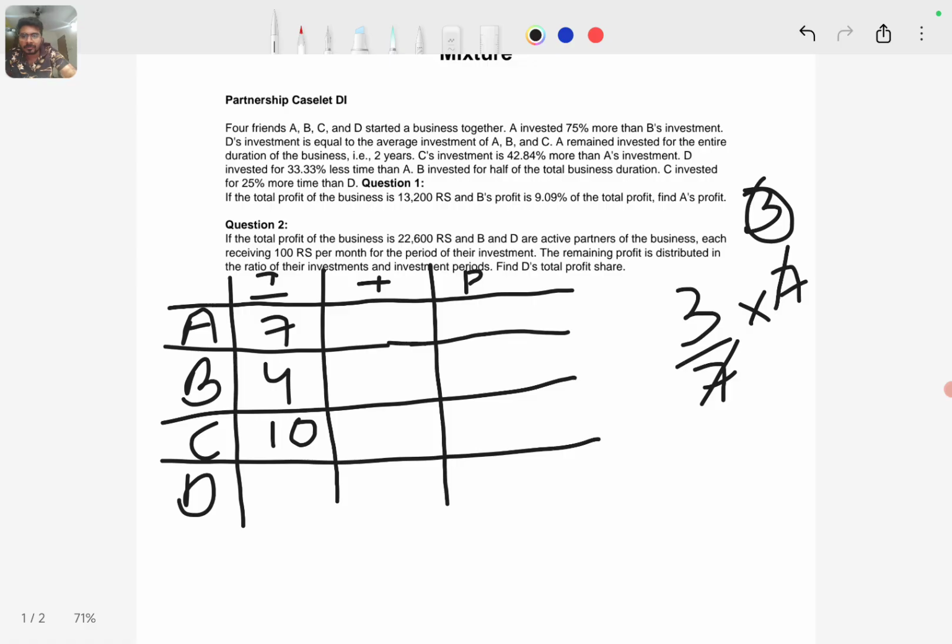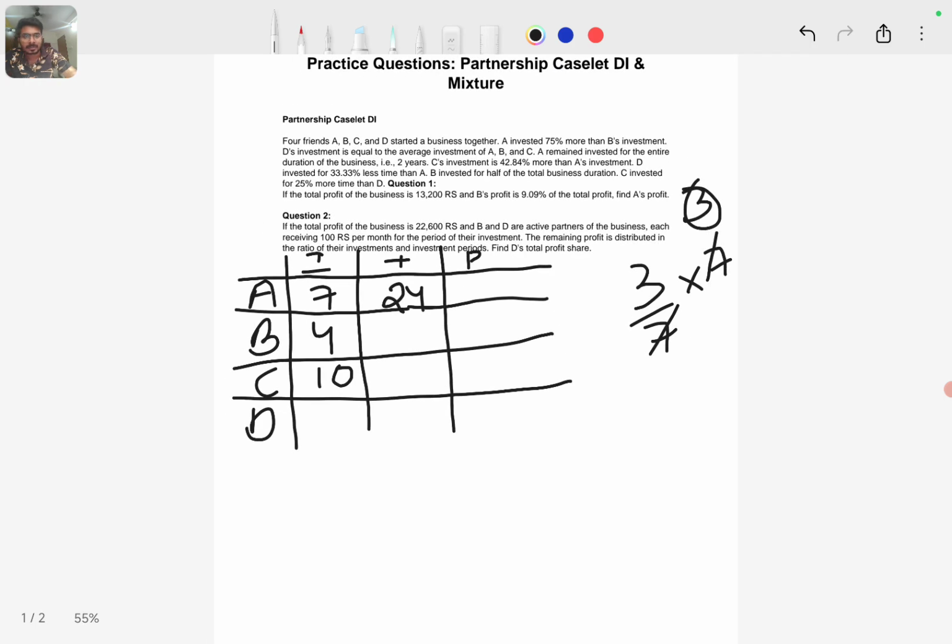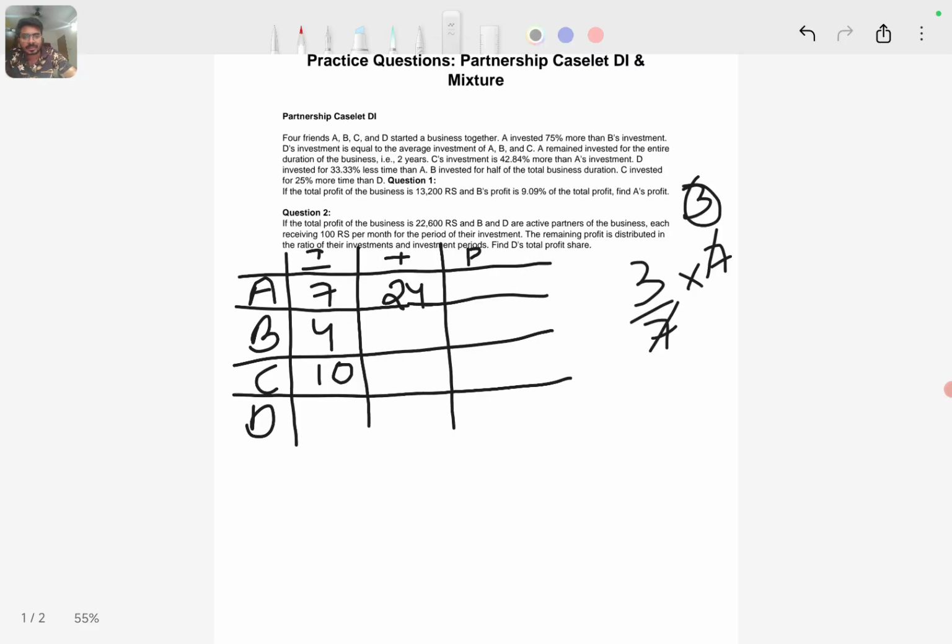So D invested for 33.33 less time than A. A invested for 24, the whole business time, and D invested for 33.33 percentage less, what is the fraction? 33.33% less means if A invested for 3, then D invested for 1 by 3 less than the 3, so it is 2.